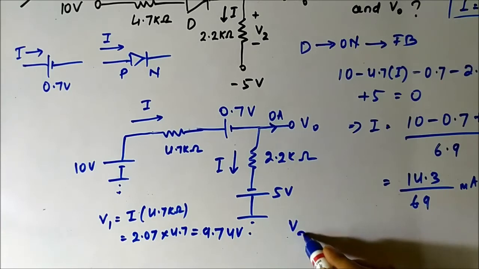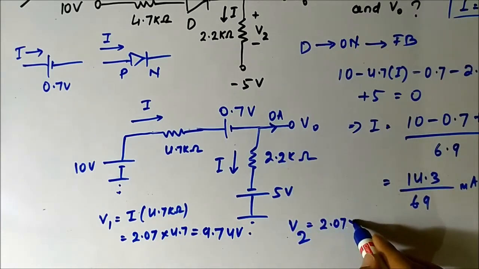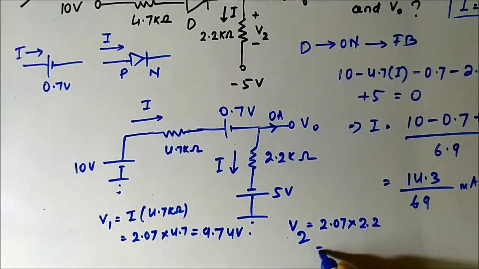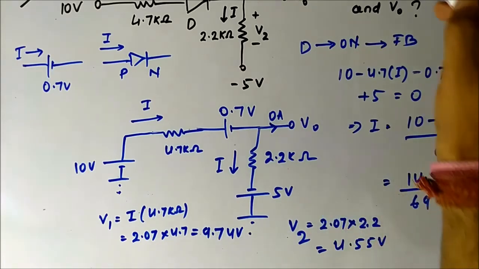Similarly, V2, the voltage drop across 2.2 kilo ohm, is 2.07 into 2.2, which is coming around 4.55 volt. So we have got V1, V2, we have got I.